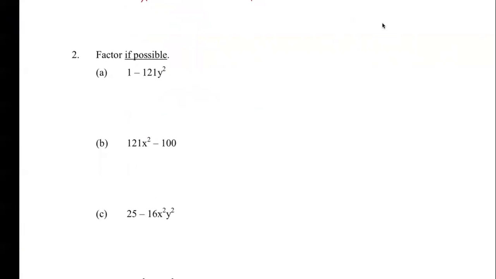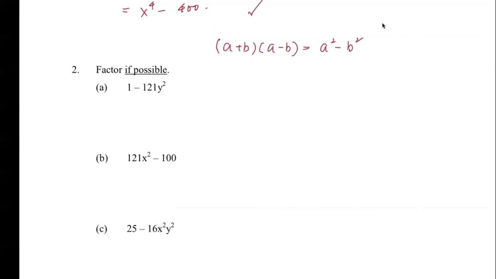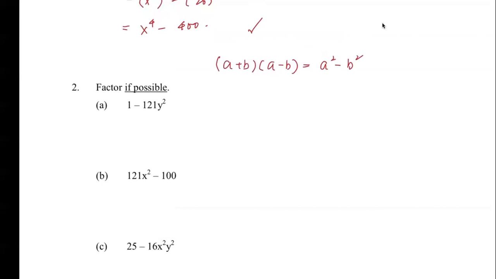Let me write this again. A plus B times A minus B is equal to a squared minus b squared. So in question 1, we're working in this direction, right? We're given an expression of this form, and we need to find the result of this form.